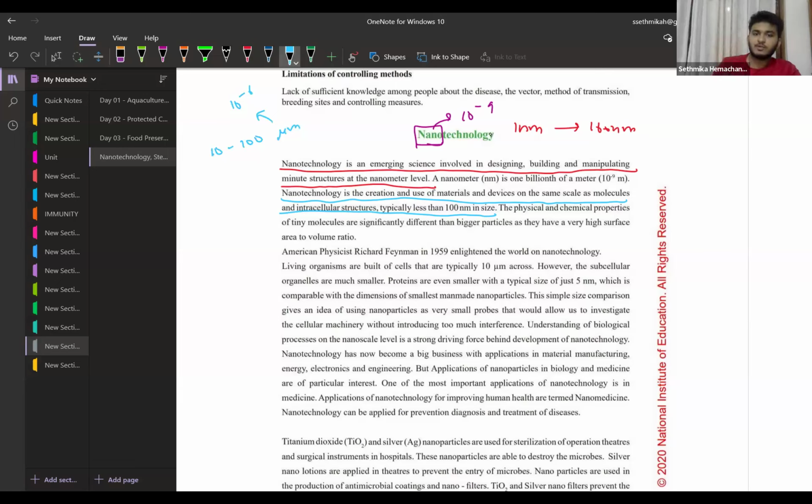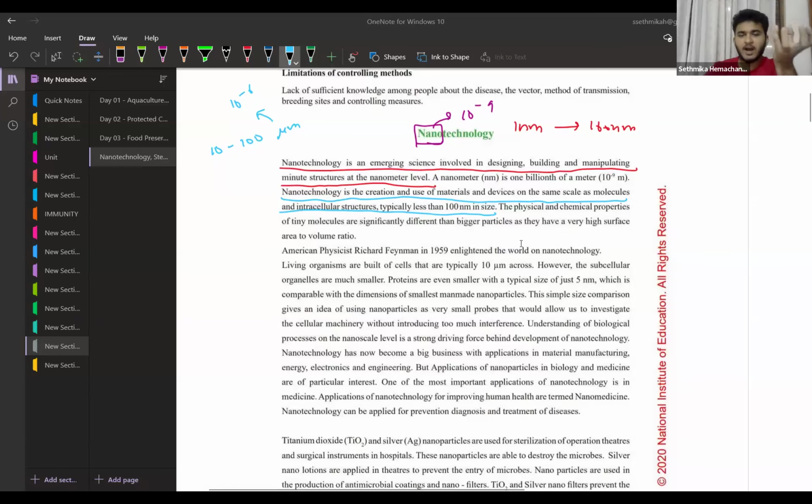So basically, here we talk about particles that are even smaller than cells. They are almost like molecules or atoms, very small particles that are not even close to the size of a cell. When you talk about the hierarchy in unit 1, molecules make up organelles, organelles make up cells, cells make up tissues, tissues make up organs.